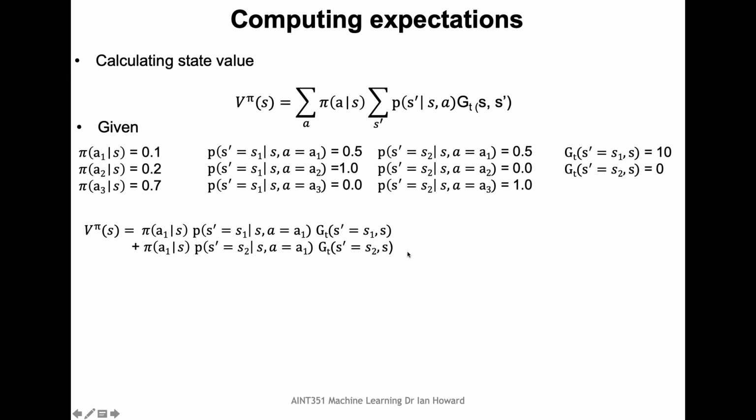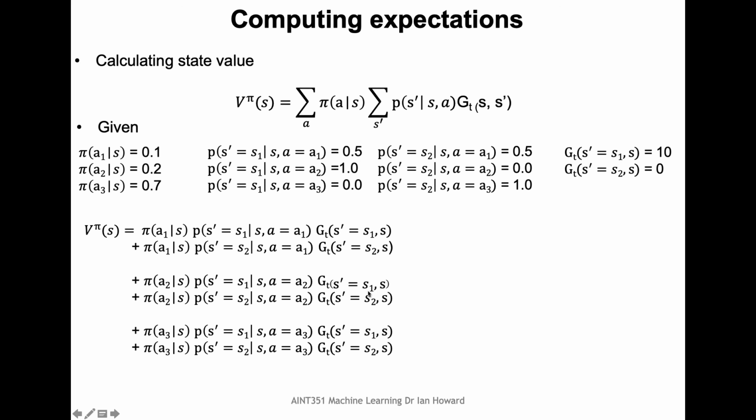Then we add on again, because we're summing across all actions and all future states, the same thing for A2. In this case, we're summing across the values where A is now A2. And again, the probability that we go to state S1 given A2, and the gain that we get from being in S1, and exactly the same thing for being in state S2.